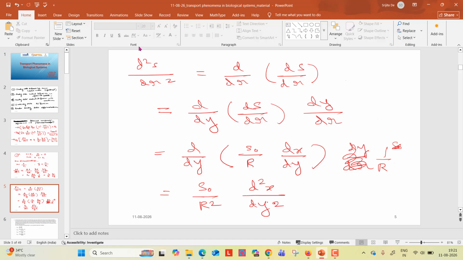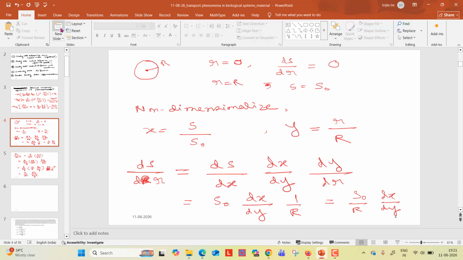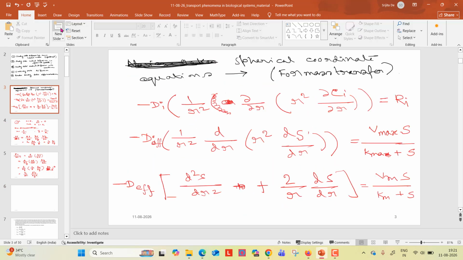Just simply mathematics. Now we know the terms, so we'll put these two terms back into the equation. This is our goal; we want to solve this equation. So what are the terms coming?